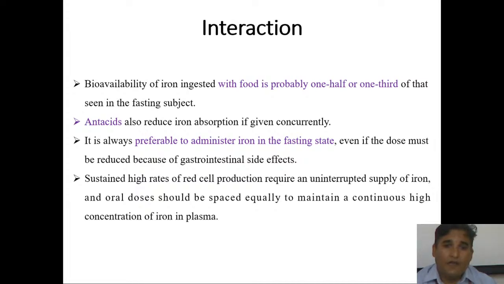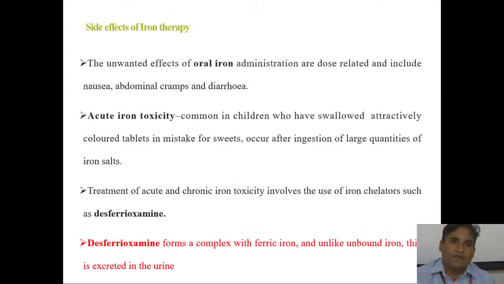Sustained high rate of red blood cell production requires an uninterrupted supply of iron, and the oral dose should be spaced equally to maintain a continuous plasma concentration of iron for normal functioning as well as the production of RBC.